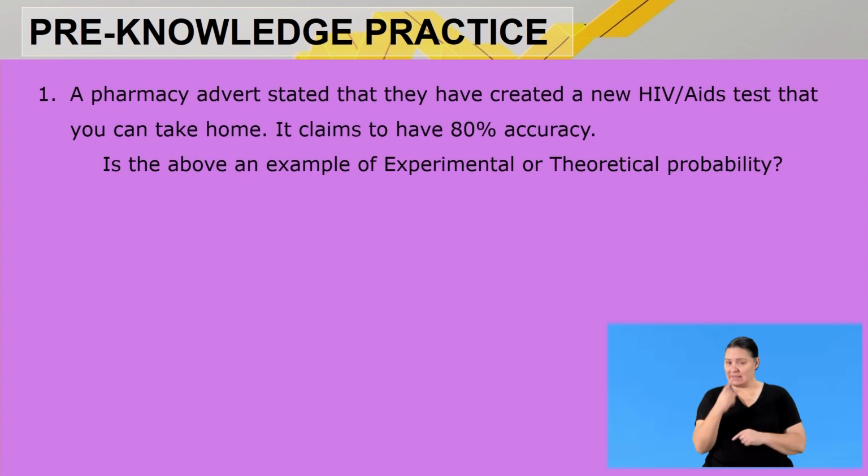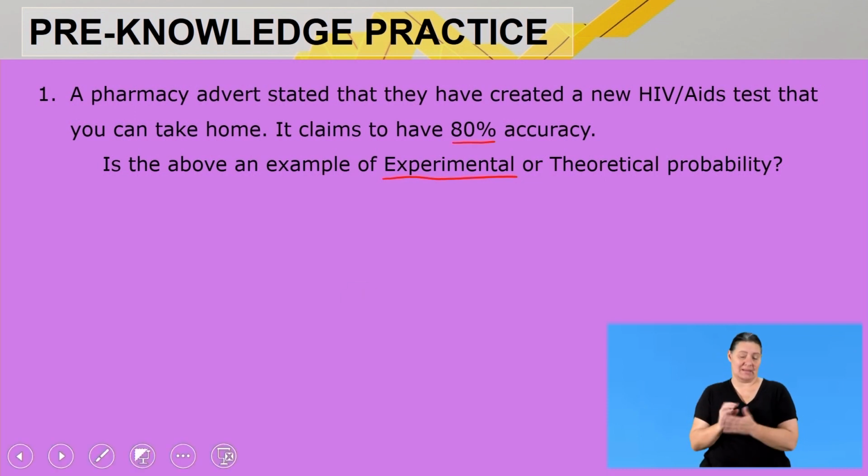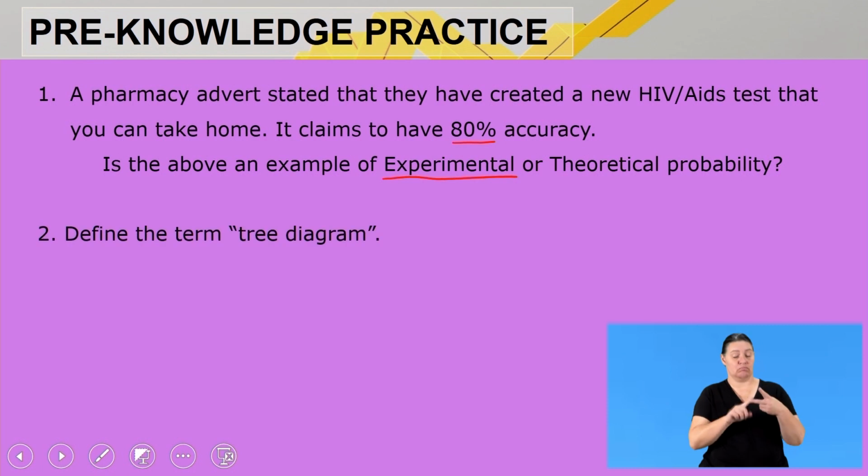So looking at this statement here, we can see that this is an example of experimental probability. Hence, we can say that this pharmacy should have tested this product. Now they claim that there's an 80% accuracy. Okay, so we agree it's experimental probability.